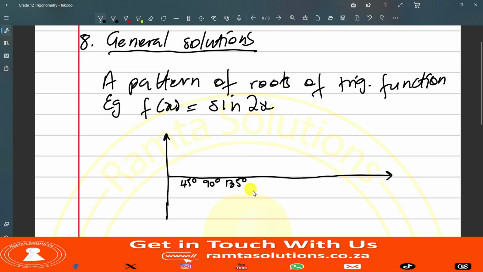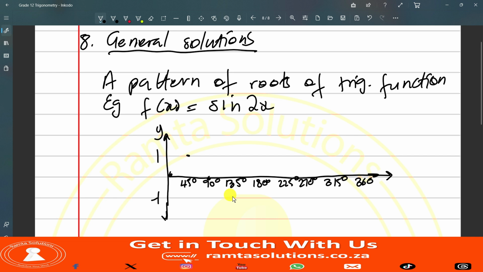We must vary our horizontal axis with 90 degrees, 270 degrees, 315 degrees, and then 360. Maximum and minimum are 1 and minus 1. Because this is a sine graph, it will be moving like this.